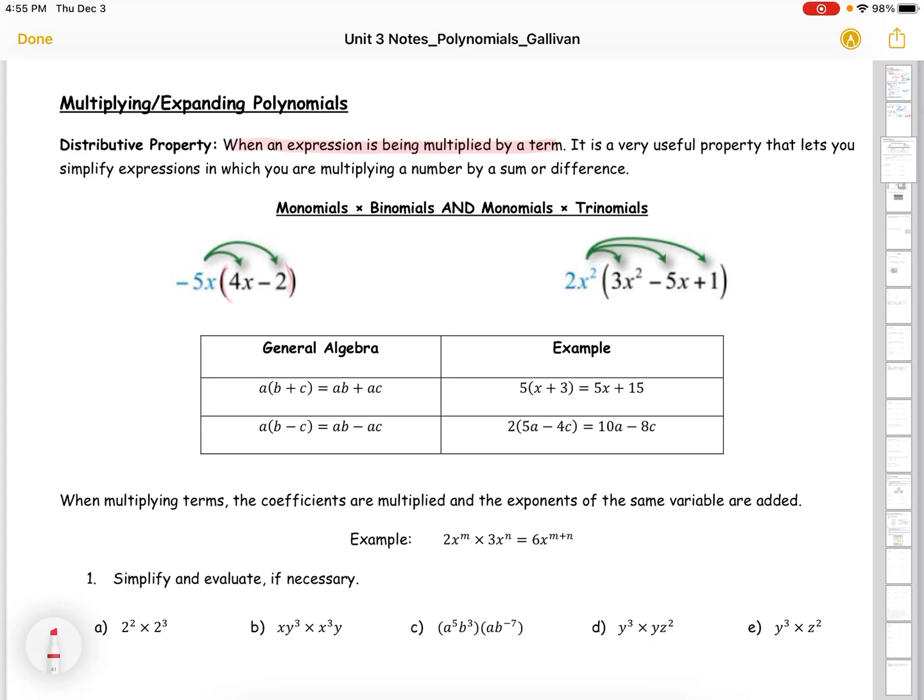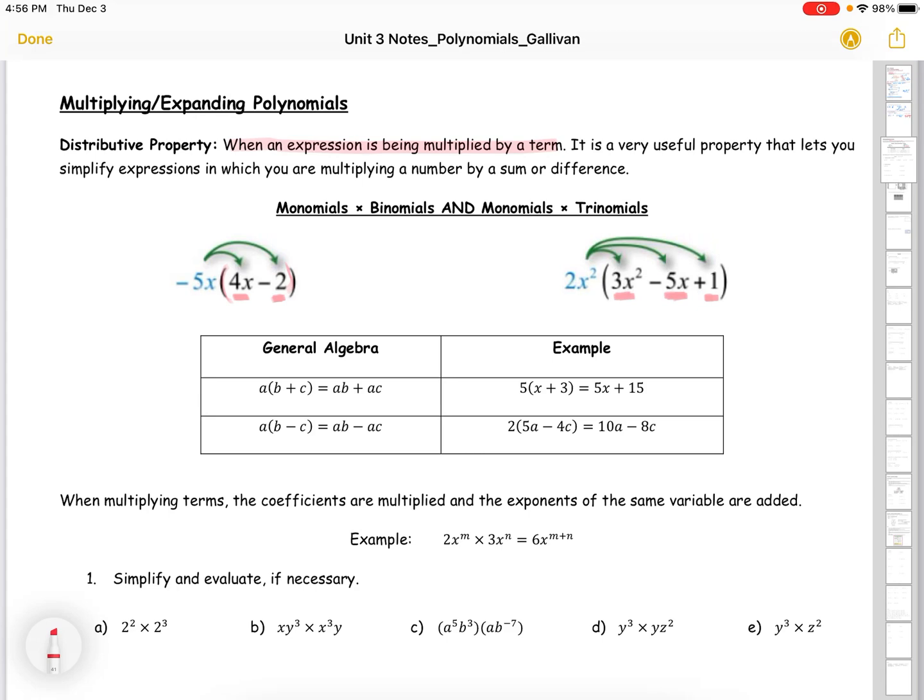Same thing here, 2x squared. Everything in the brackets, we have to make sure we multiply by it. So I call it my Halloween or trick-or-treating property because when you hit a good block, you want to make sure you hit every house. So you got to treat everything like a house that you're going to go hit. So this person's dressed up like negative 5x. He's going to make sure he goes to house 4x and goes to house negative 2.